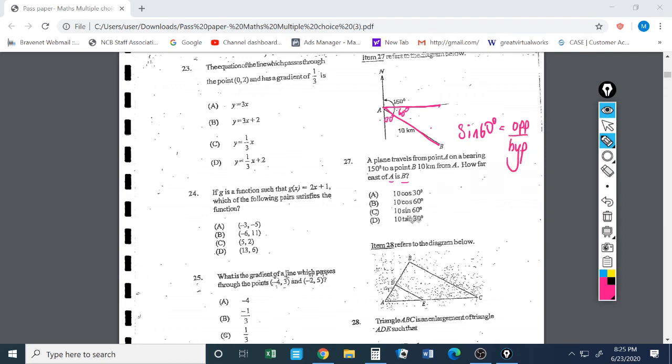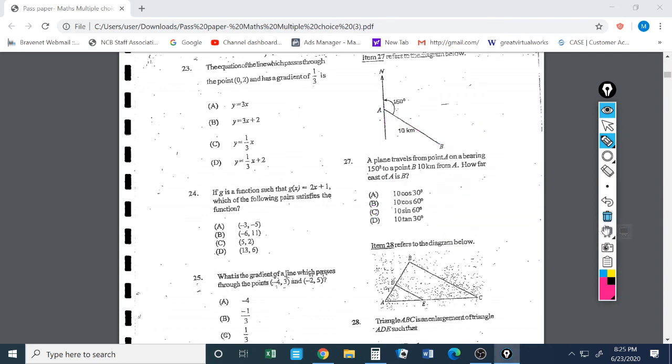In this case, the hypotenuse is equal to 10. So we get 10 sine 60 degrees is equal to the opposite side, and that's how we get the answer. So the answer is actually C. The opposite side is equal to 10 sine 60 degrees.